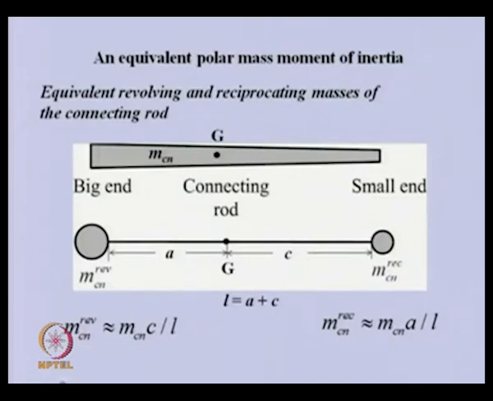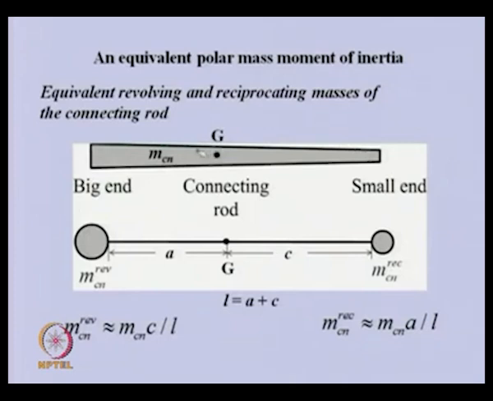So, we will start with the crank connecting rod. You can see this is a connecting rod in which one end is the big end and another is the small end. As such, this connecting rod is a rigid body and the mass is continuously varying from one end to another end.